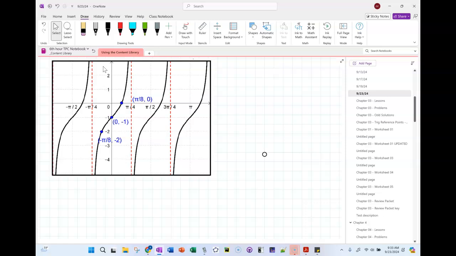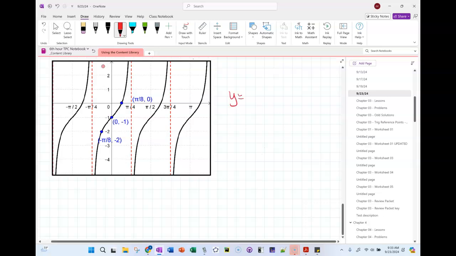So, just like before, we have our general form equation. So we need to find our values for A, C, H, and K. Just like we've done before.